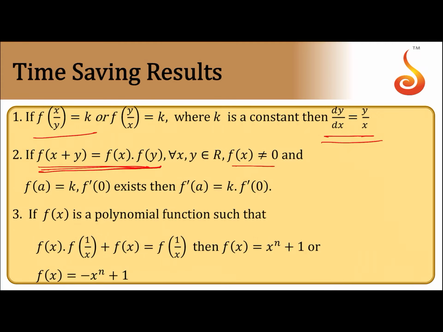This is an algebraic condition satisfied by the function where f of x is not 0, f of a equals a constant and f dash of 0 exists. Then I say f dash of a equals k times f dash of 0. And if f of x is a polynomial function which satisfies the condition, then f of x can be either x power n plus 1 or 1 minus x to the power of n.